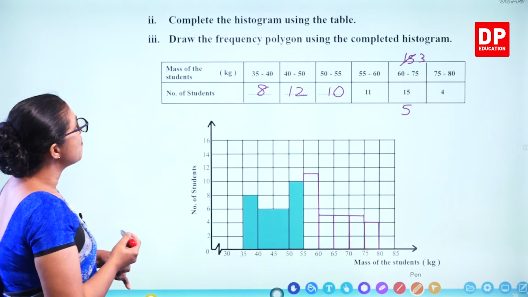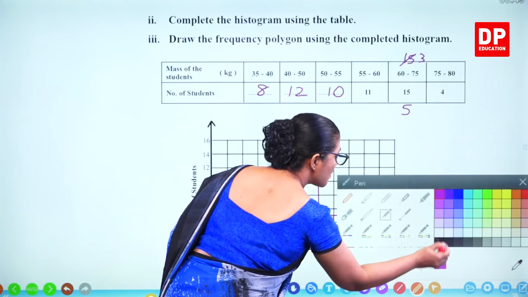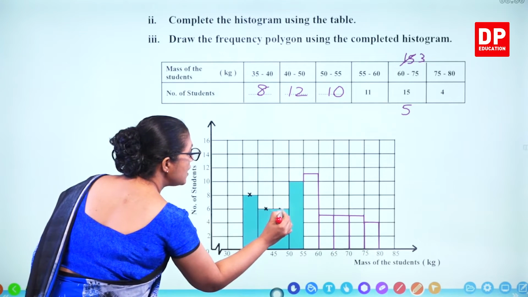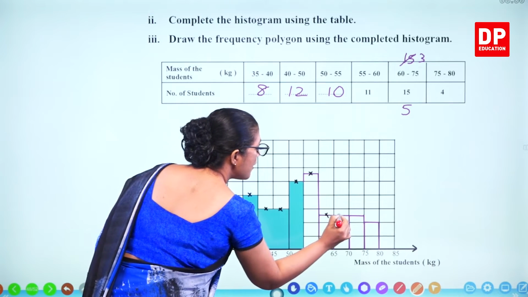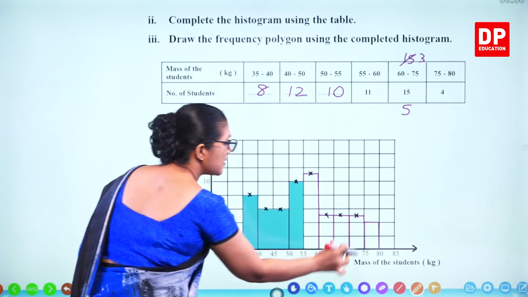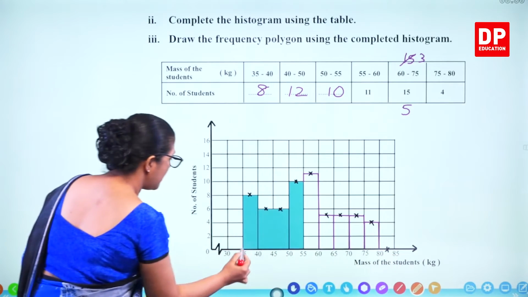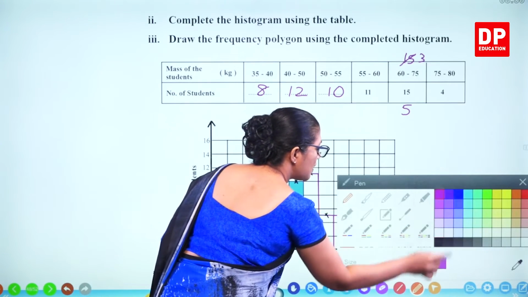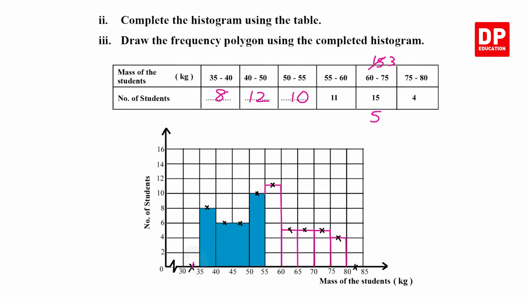Draw a frequency polygon using the completed histogram. So how do you draw the frequency polygon? You have to mark the midpoint of each bar. Separate bars you have to consider. And after that you mark the point here and before here. Now you can complete the frequency polygon.